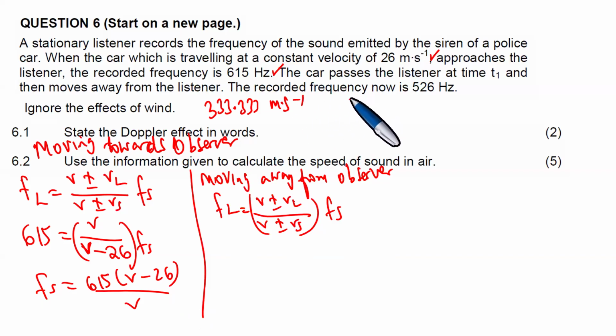The car passes the listener at time t1, then moves away from the observer. The recorded frequency when it moves away is 526. If it moves towards, then it's negative, but if it moves away, then it becomes a plus.